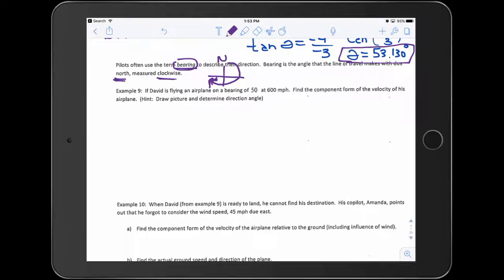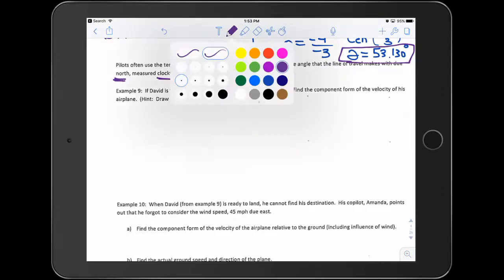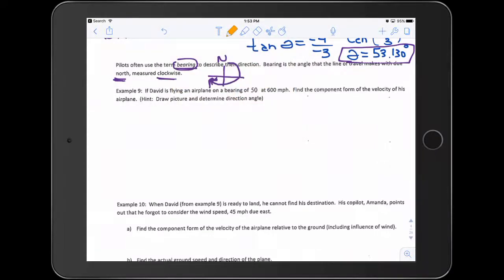So bearing is starting north, going clockwise. Unlike direction angle, I'm going to just remind you so you see the difference. The directional angle starts here and goes counterclockwise to that location. So you have to really be aware of which one they're talking about.